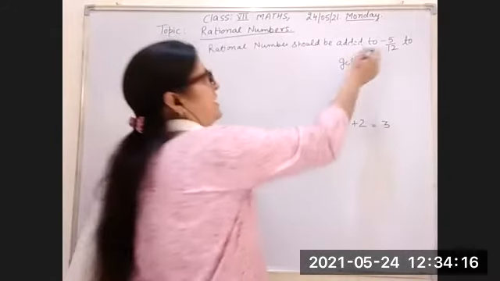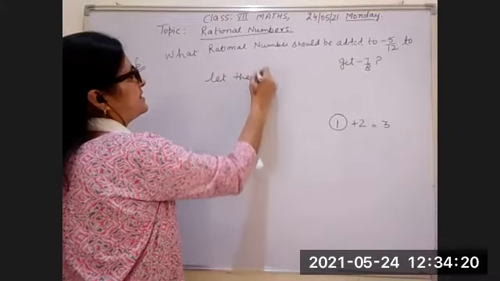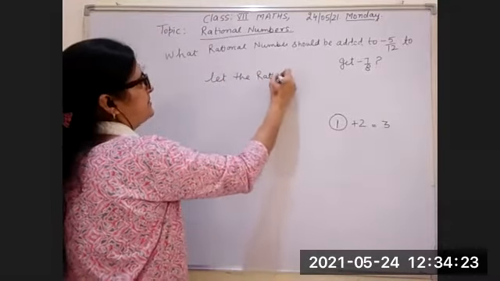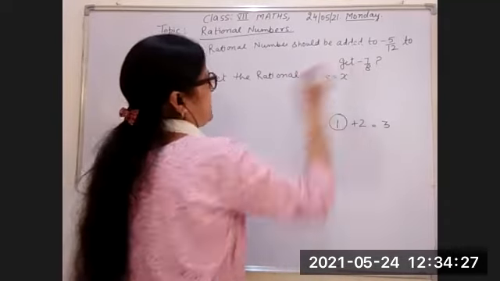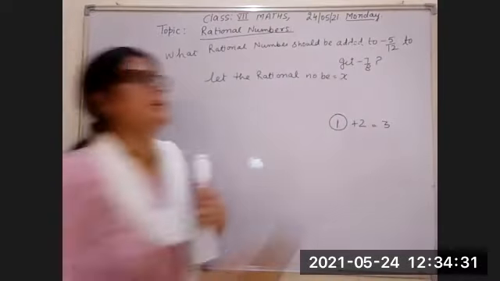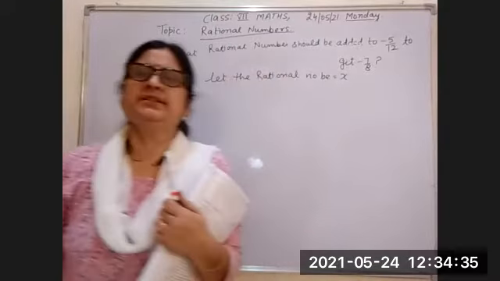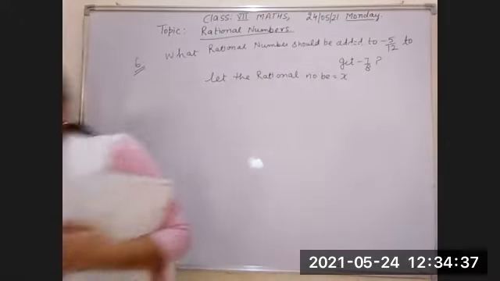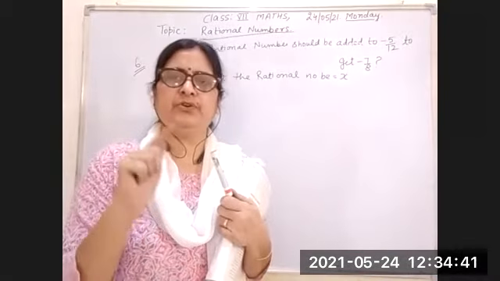So let the rational number be x, because x can also be written in the form of p upon q. Rational numbers are those numbers which are written in the form of p upon q. A fraction is also written in the form of p upon q.